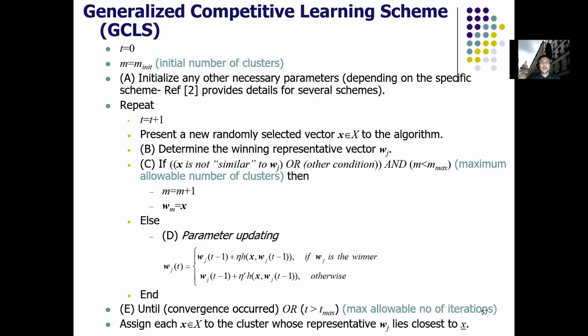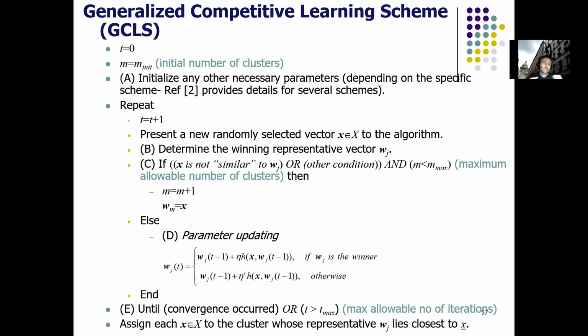I have here a generalized scheme which shows you the different stages of a general clustering algorithm that is operating under this kind of unsupervised learning regime. So basically you have some stages, we initialize the parameters, and I have a reference which provides details of different schemes that fall into this kind of model. As you understand, there are different unsupervised learning algorithms, okay?